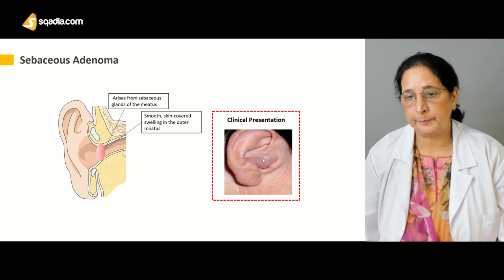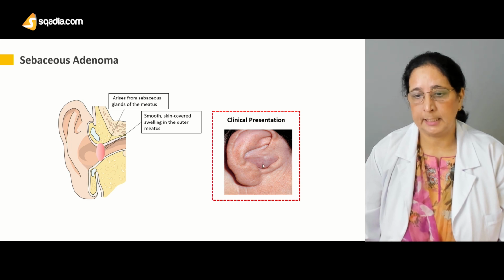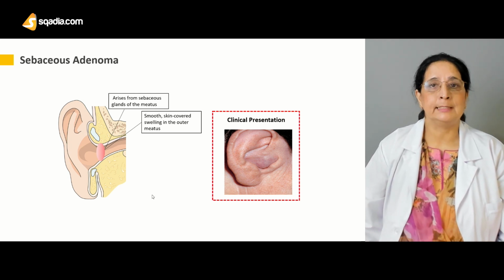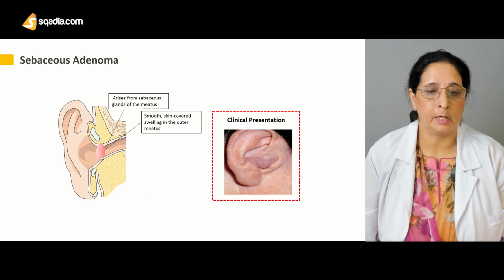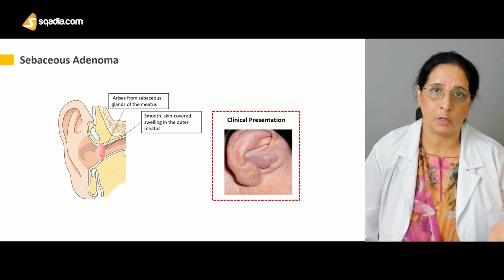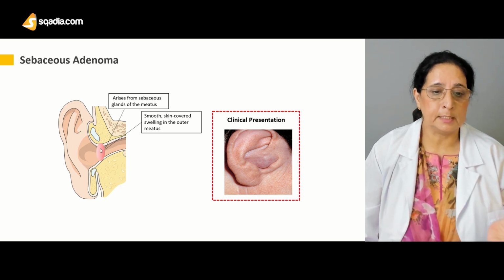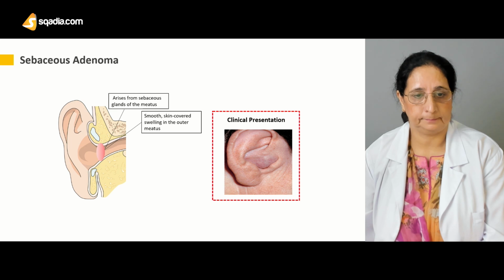That's the clinical presentation of the sebaceous adenoma. So the sebaceous gland is the site of origin, and as you can see, it's big enough. It can also cause obstruction of the external auditory meatus, causing retention.